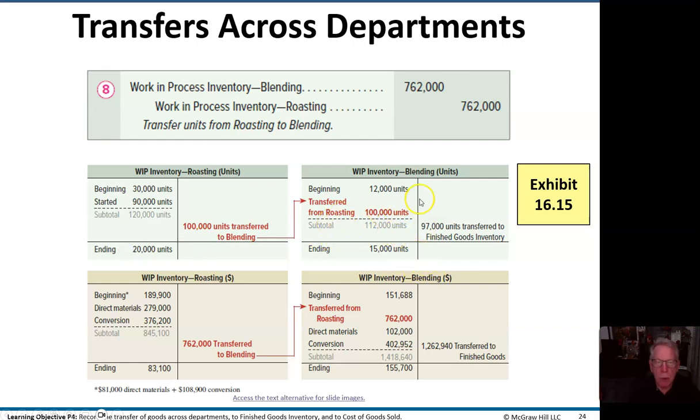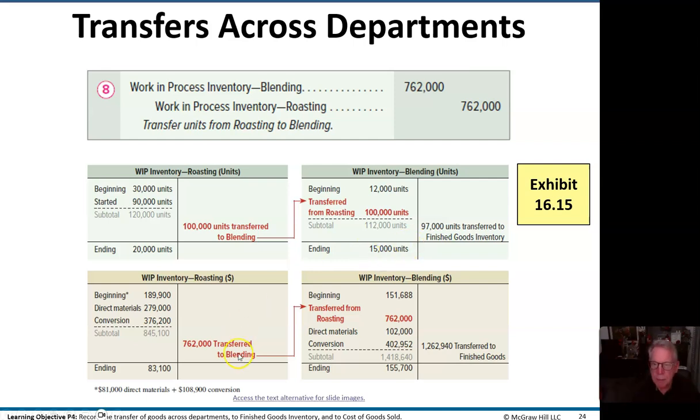And then the beginning inventory in blending was 12,000 units, and we transferred in from roasting 100,000 units, leaving us a subtotal of 112,000 units. We moved 97,000 units out of work in process inventory blending to finished goods inventory, leaving 15,000 units in ending inventory for blending.